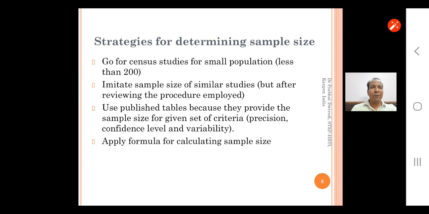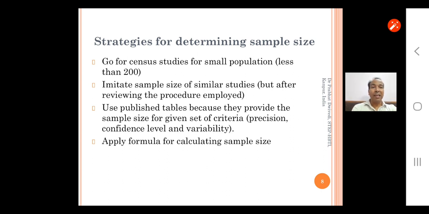This is in fact a wonderful idea. Similar studies would have been conducted already, so we can go through the justification they have given for their sample size and for their sampling techniques. So this is a wonderful idea to imitate sample size of the similar studies.